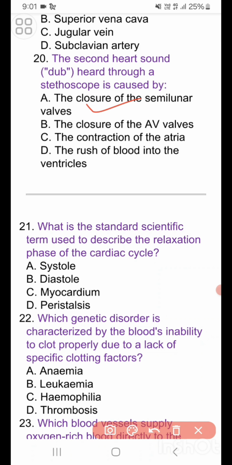What is the standard scientific term used to describe the relaxation phase of the cardiac cycle? Diastole. Which genetic disorder is characterized by the blood's inability to clot properly due to a lack of specific clotting factors? Hemophilia.